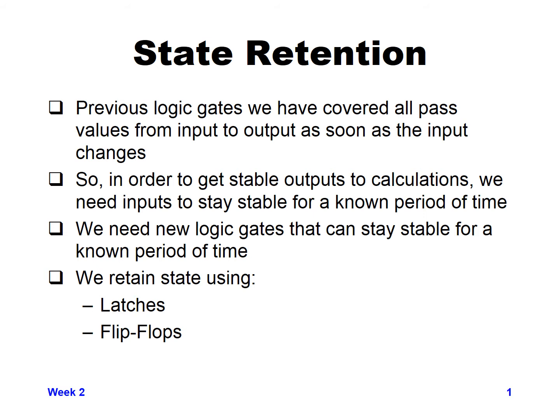So in effect, we need some sort of new logic gates that can stay stable for a known or predictable period of time in order to both create stable inputs that allow the logic function to happen through all our gates, create a stable output, and then we can use those new logic gates to capture the output and retain that output for a stable period of time to do something new with that going forward.